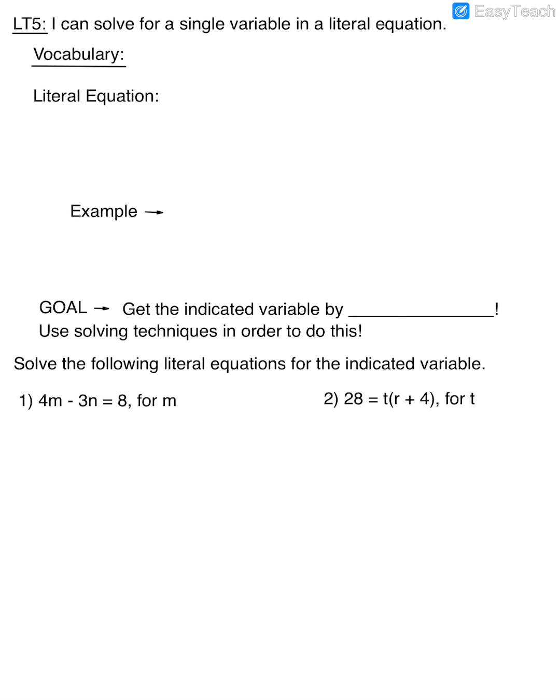So a literal equation is an equation which consists primarily of letters.